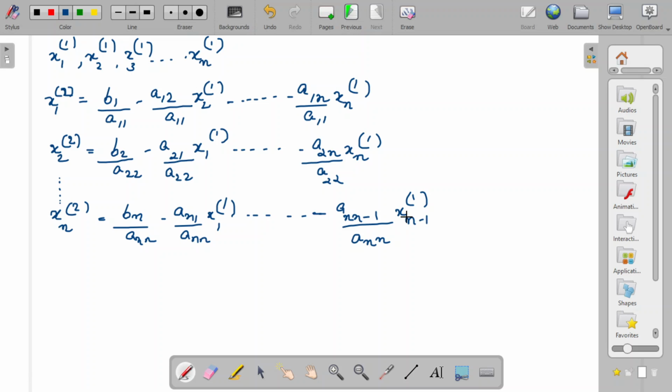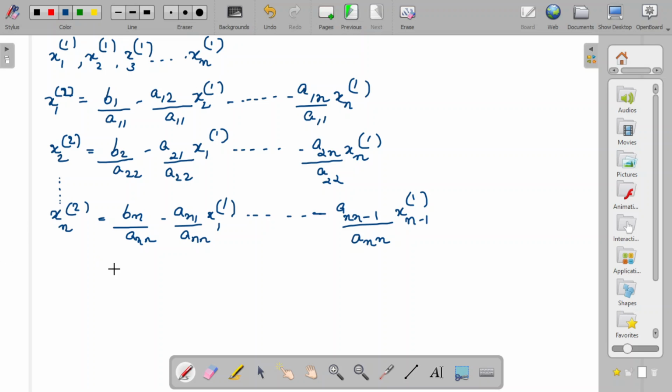With these first approximate values, find all the second set of approximate values. Similarly, with the second set of approximate values, you can find the third set, right? You can go on continuing until you get the approximate value according to your needed accuracy.